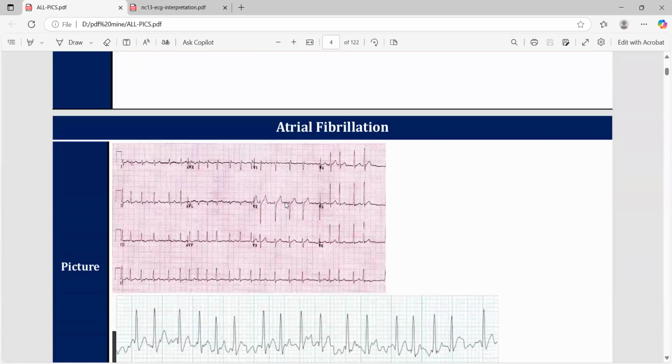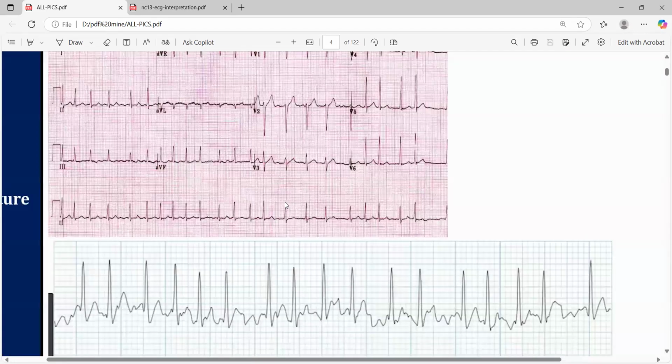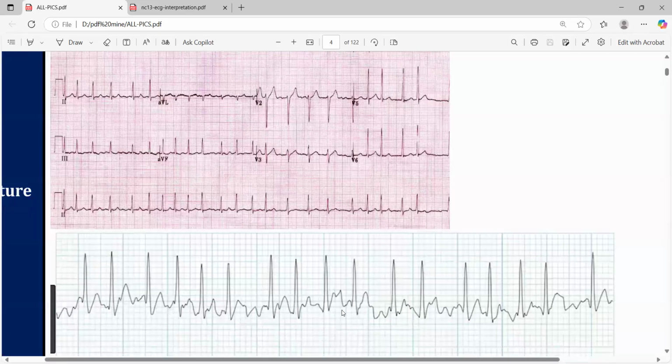Now, when we are talking about atrial fibrillation, as you can see, the difference is irregularly irregular. First of all, the P wave: there is no actual P wave, or there is a P wave, but we are not able to figure out where it is. And then the most important part is irregularly irregular. From R to R, the boxes are not similar.